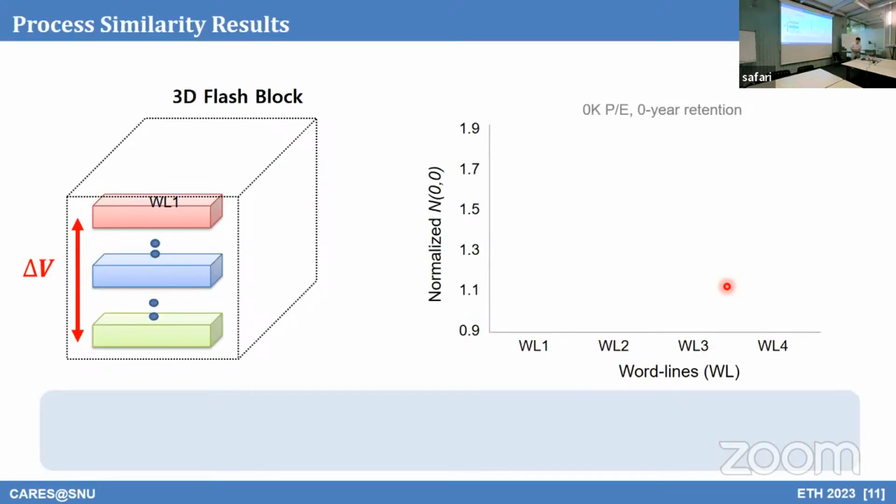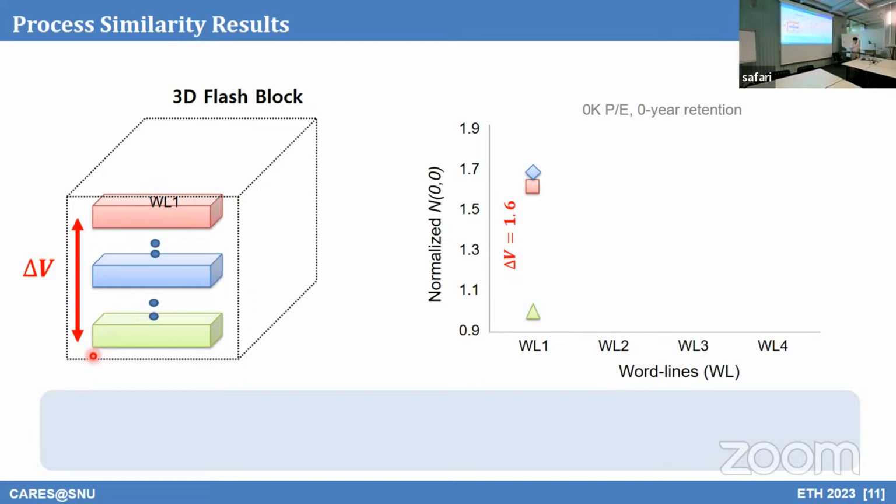Okay, so what I mean by process similarity here is going back to delta V and delta H. The graph on the right-hand side shows there are 4 word lines, and for each word line we measured delta V and delta H. For example, word line 1, we measured delta V and delta H in this vertical layer.